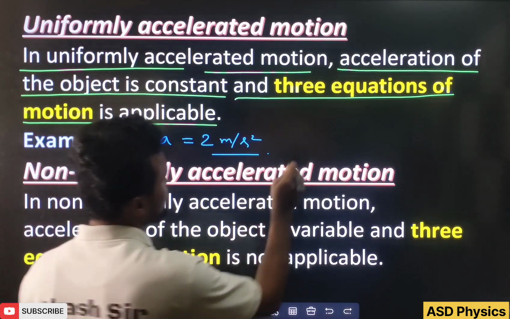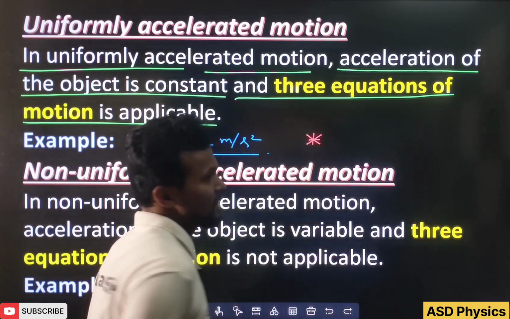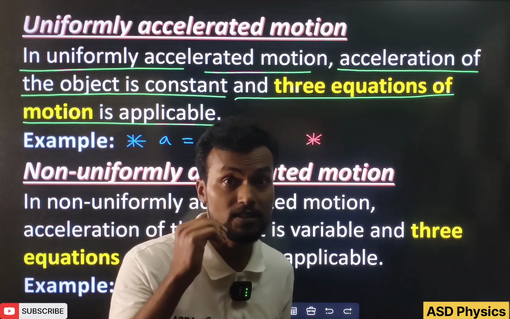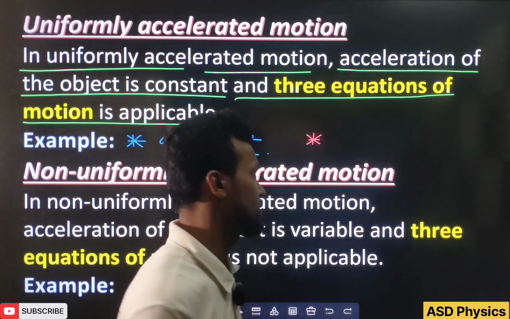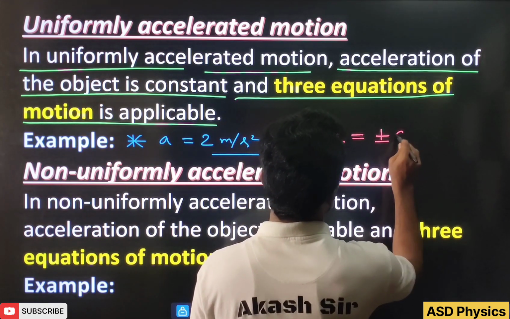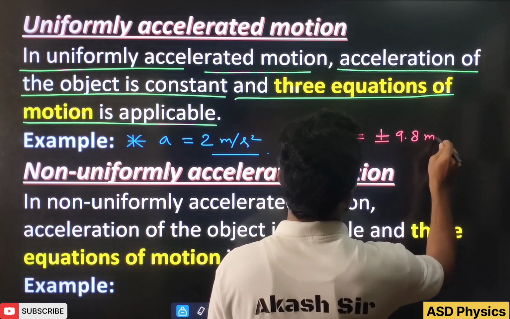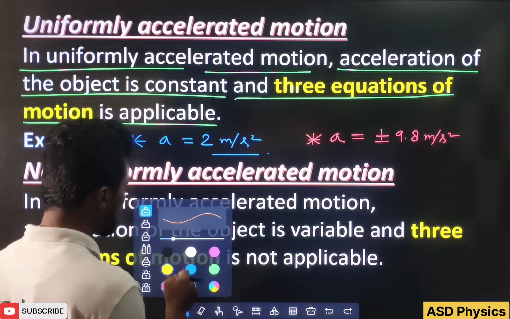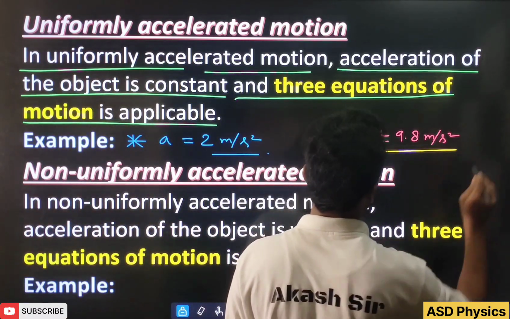Similarly, another example: when any object is thrown in gravity near the surface of the earth, or we can say planet. So in this situation for the earth, the value of a will be approximately 9.8 meters per second square, and here also you can see this is one kind of constant value.